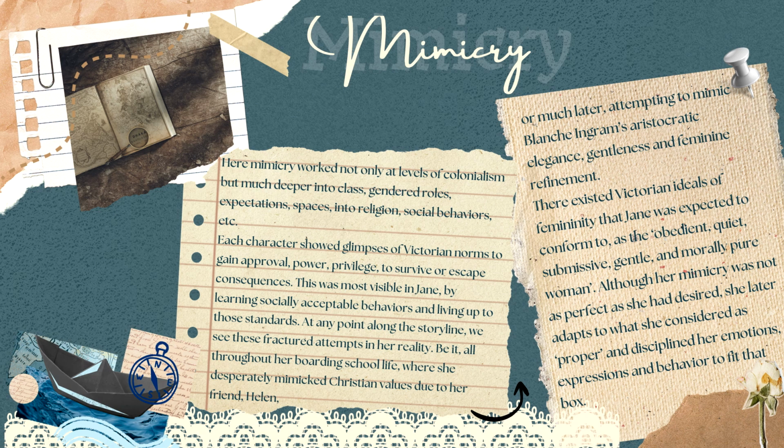Another part is how we see the expectations of Jane, her being a woman in that society, and being required to be obedient, quiet, submissive, gentle, and morally pure, and her trying to navigate her life through each of these phases where the society and the people require of her to fit into a particular persona, a mask, or into a particular needed social role.